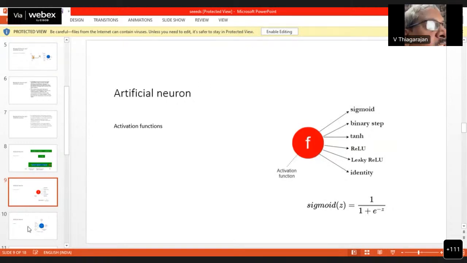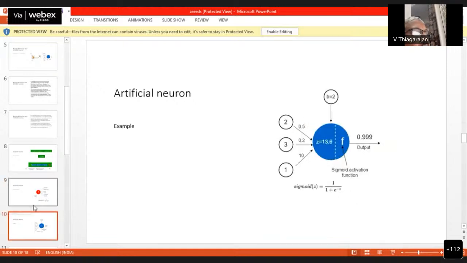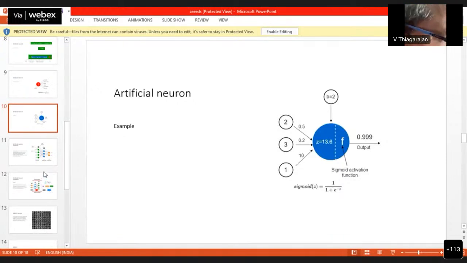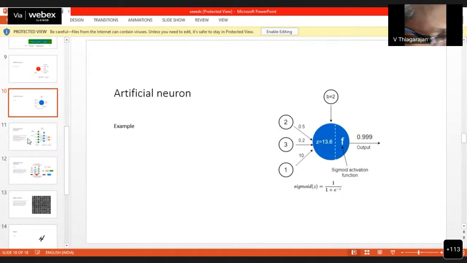Next slide. This is a small example of a very small artificial neuron, where I am showing you one single artificial neuron. These are the inputs: 2, 3, 1. 0.5, 0.2, 10 are the weights, and the bias value we are giving is 2. With these numbers, the calculation is 2 into 0.5 plus 3 into 0.2 plus 1 into 10 plus 2.